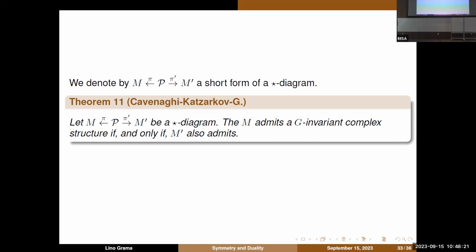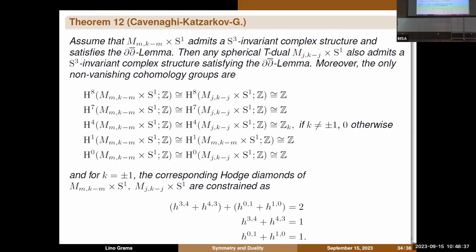But now we have actions, and with actions we can get our hands dirty and make some computations, going further than Brieskorn and Van de Ven. Because their result is just admit or not admit, and they don't detect how. And we can also prove this: if one side satisfies the Del-Bar lemma, the other side will also satisfy the Del-Bar lemma.